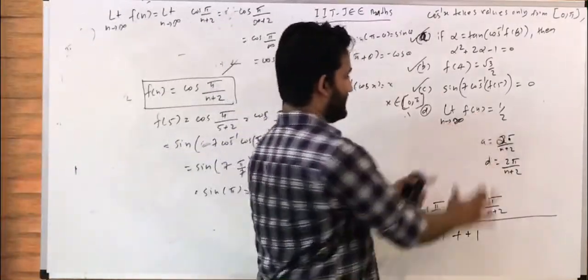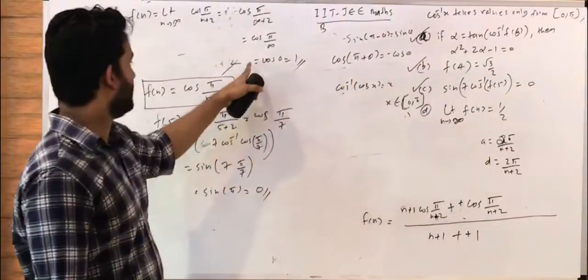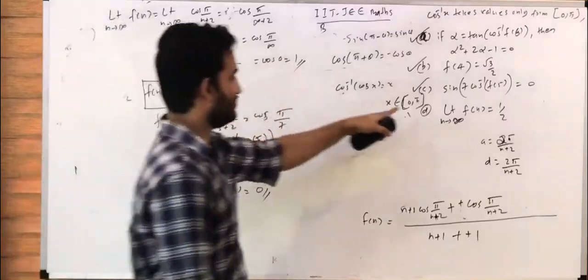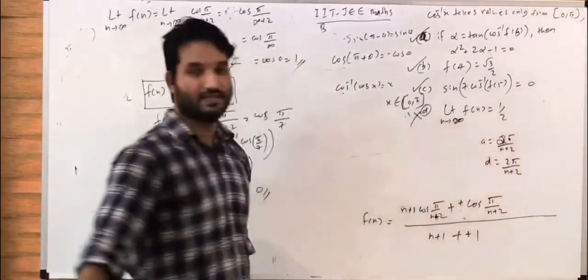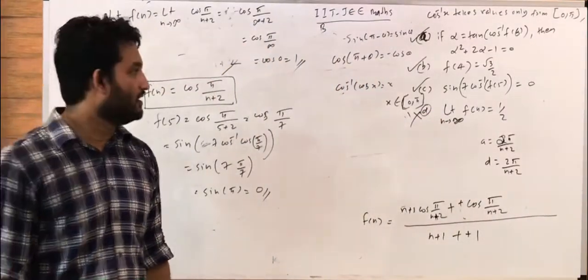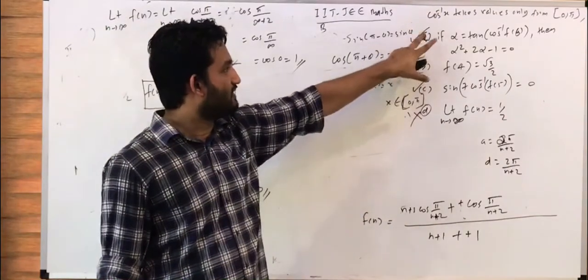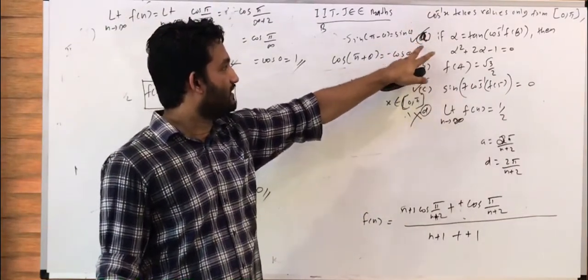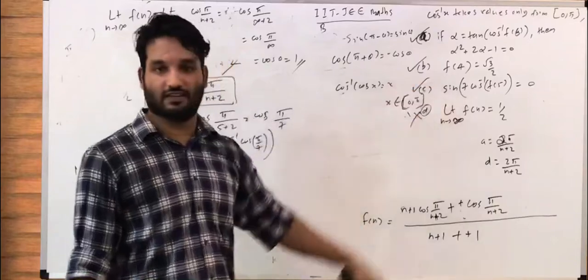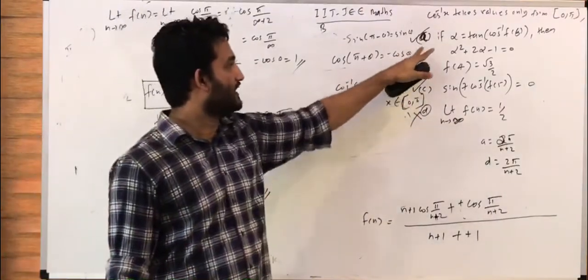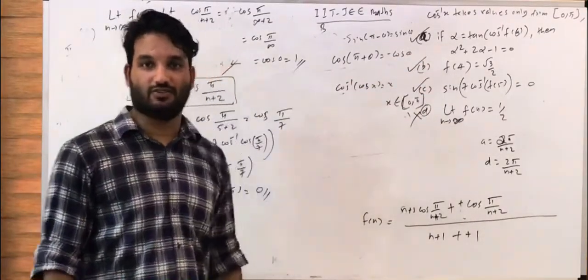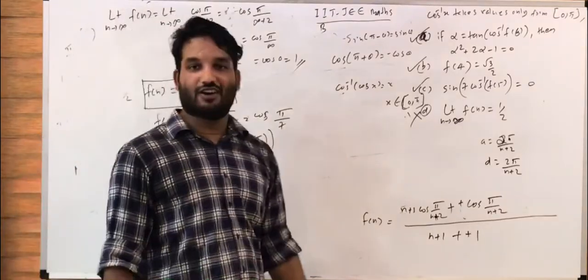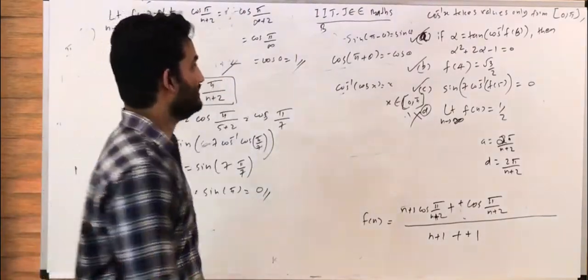So here the answer is 1 by 2, but the actual answer is 1. So this option is wrong. So the answer for this question: options A, B, C are correct. Now let us move on to the next question.